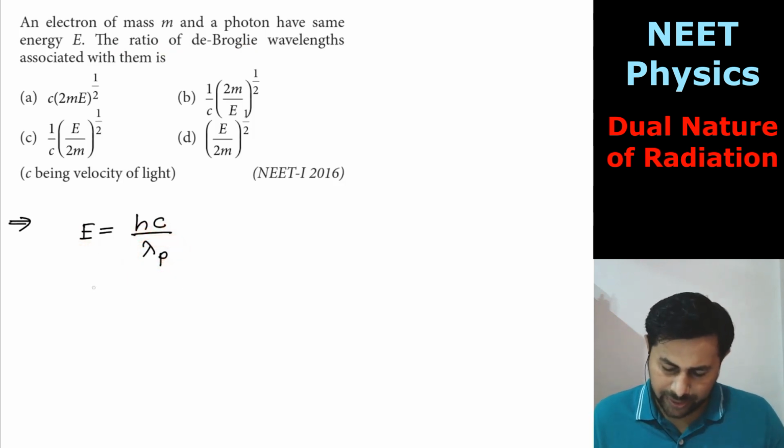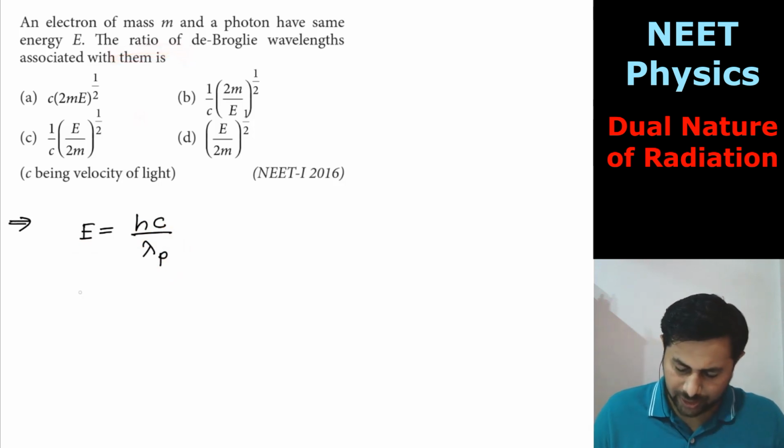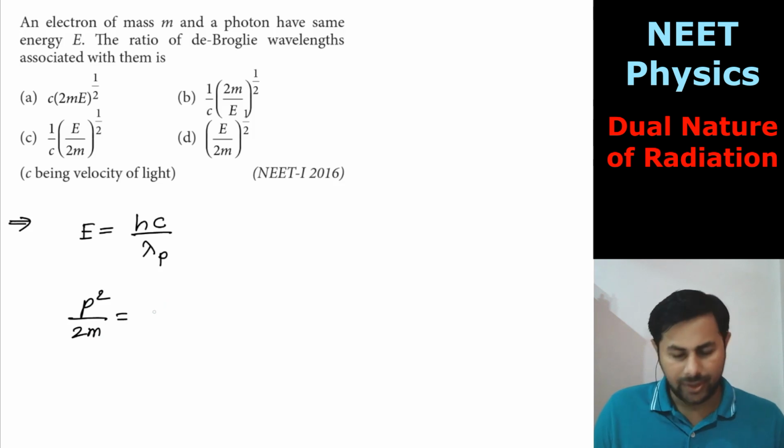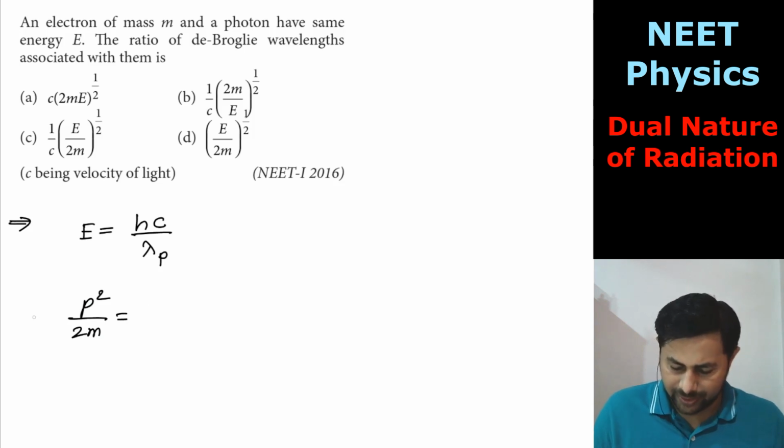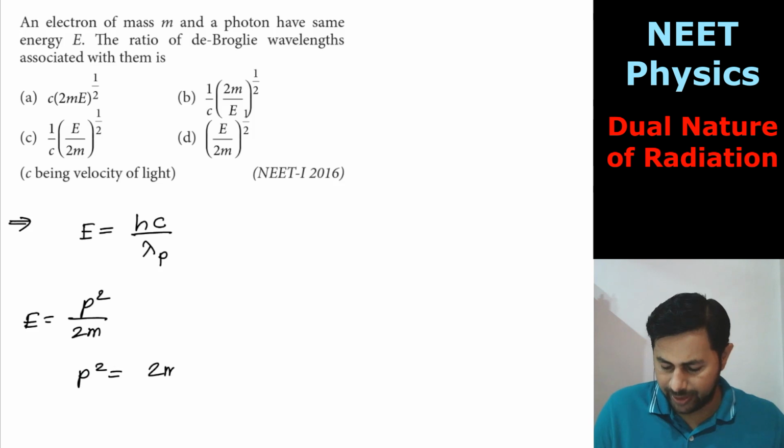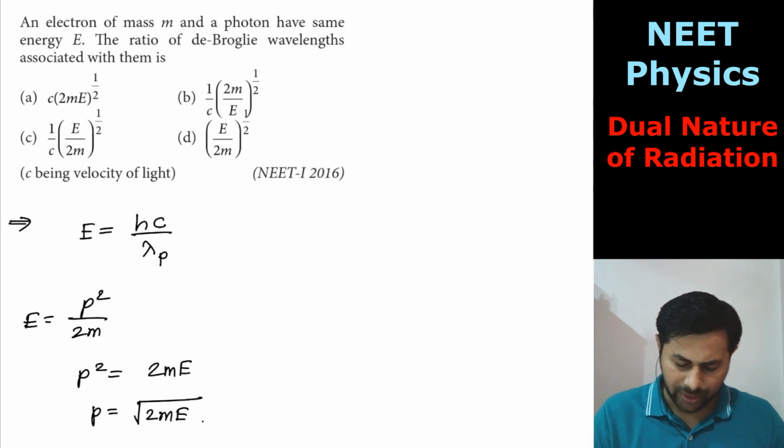And then for an electron, what do you have? For an electron, the energy is also the same. So you can write p square by 2m for the electron is equal to, it's equal to what? Its kinetic energy. E is equal to p square by 2m, okay? And therefore what would be its momentum? So p square is 2mE, and so you have p equals square root of 2mE, okay?